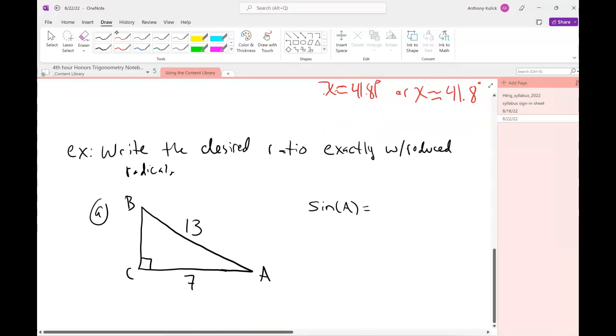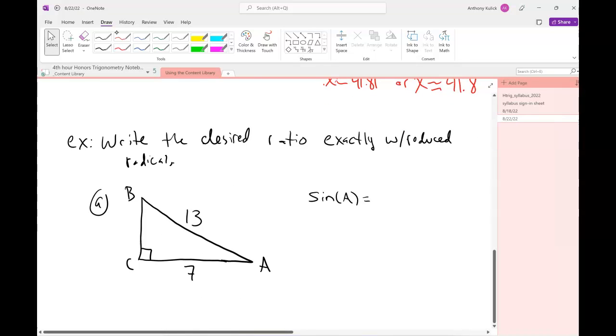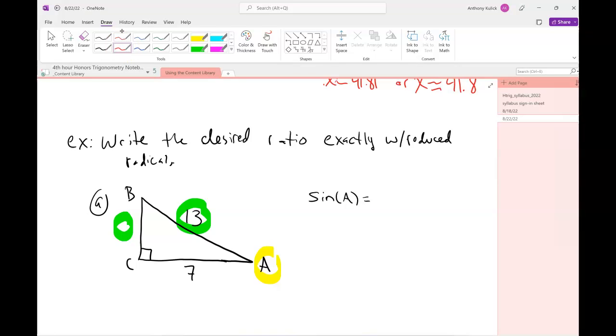So we are being asked to write the ratio for sine of A. Yes, Giselle. Great. So relative to angle A, we need opposite and hypotenuse to do sine. So we have to use the Pythagorean theorem to find BC.